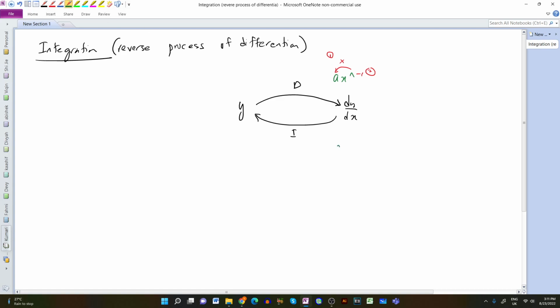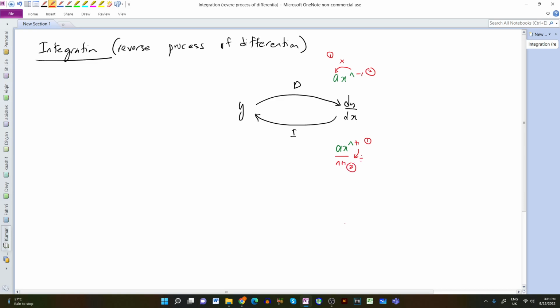It's almost the same thing, but it goes the other way around. The second step becomes the first step. For differentiation, the second step is minus 1. You do the reverse, plus 1. This is the first step, and then you divide this. That is your second step.